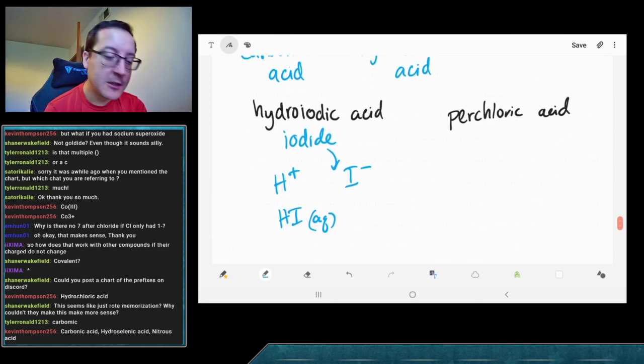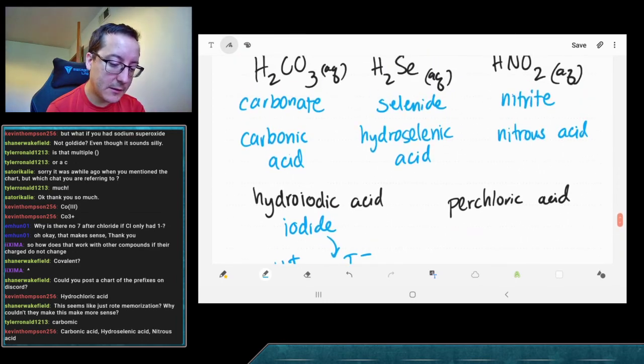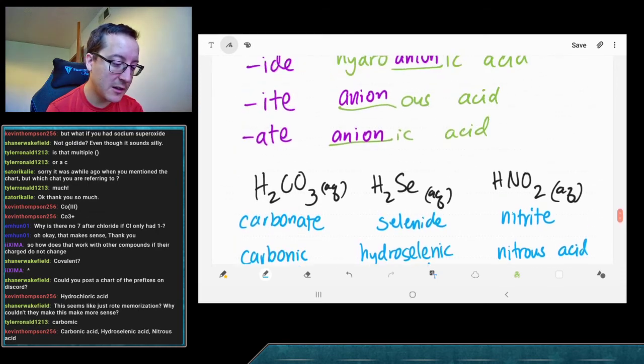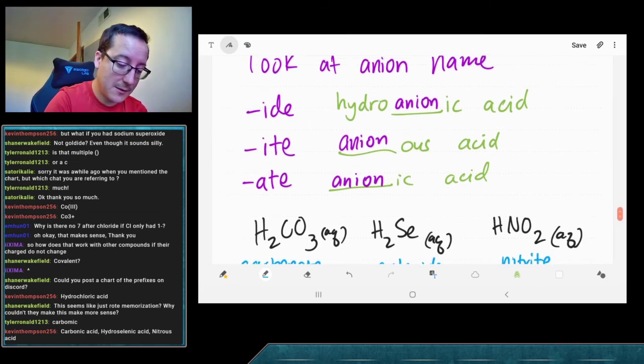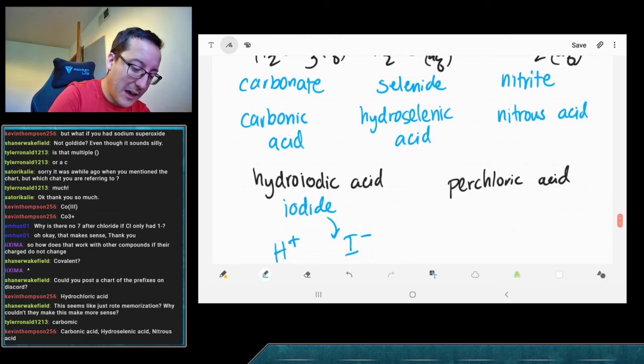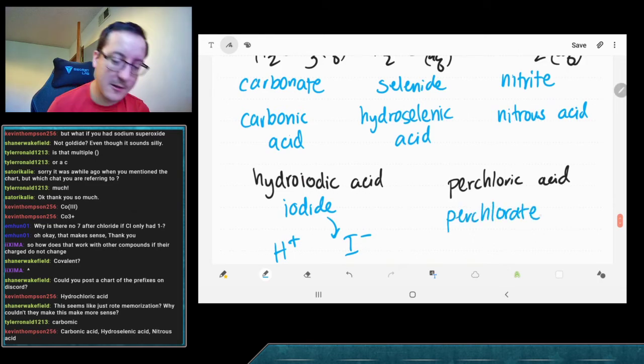Okay. Perchloric acid. So it looks like we have -ic acid as our ending here. So we're going to go back up to our rules. Which of these is -ic acid? Notice we don't have a hydro here, so just -ic acid. So that tells us something that ends with -ate. So we have perchlorate.